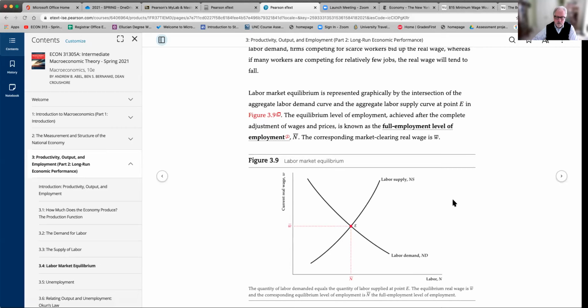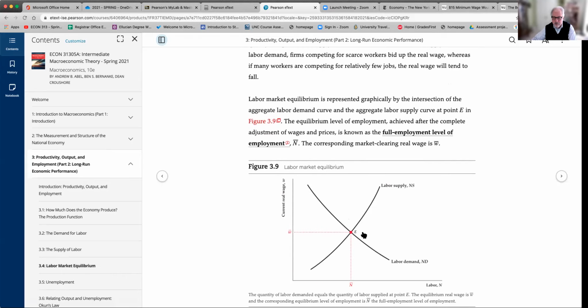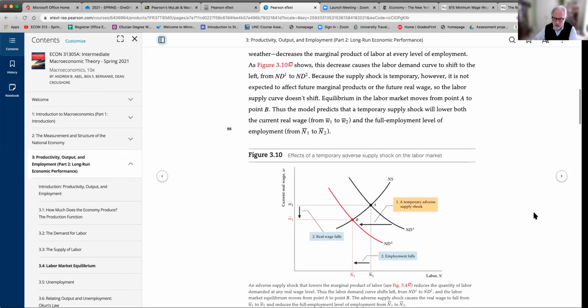Unlike in a principles course where we're perhaps oftentimes just looking at shifts in the curves and what happens to the price and the quantity, we'll be interested in that, but it's going to be important to understand why and what decisions are being made by labor suppliers, consumers, and by labor demanders, by firms in an upper level intermediate macroeconomics course. So we'll have practice with that, on our homework for this chapter.